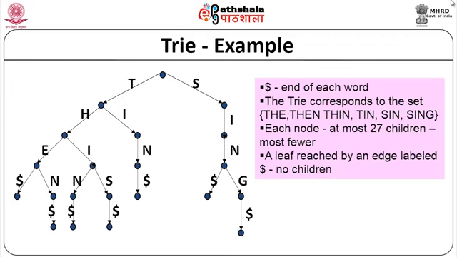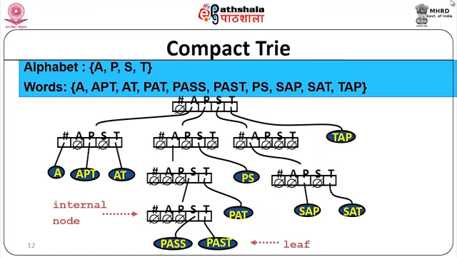So, this is another example for this particular set. Now, this is a compact trie as it is called, where the alphabet consists of A, P, S, T only, and the words are A, APT, AT, PAT, PASS, PAST, PS, SAP, SAT and TAP.